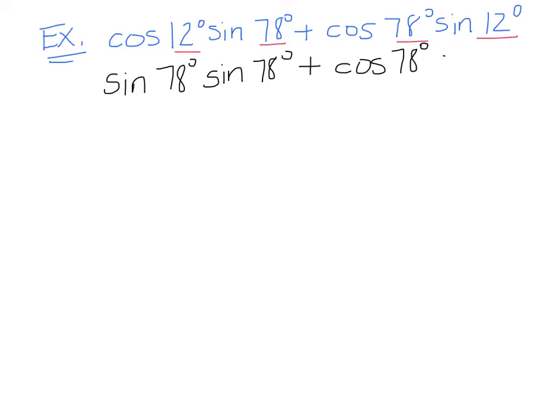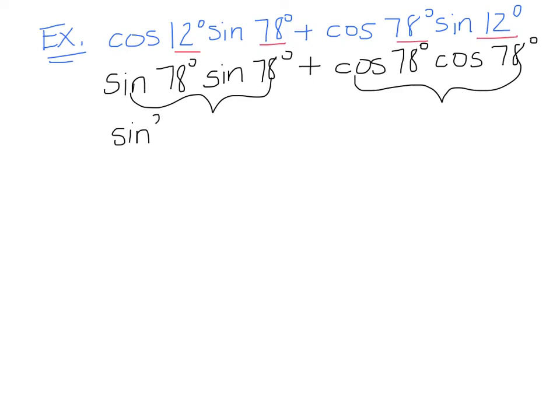And here, I'm going to have to change that to cosine. And now, I can make a Pythagorean identity, because this is now sine squared, because I'm doing sine times sine. And this is cosine squared. And I know that sine squared plus cosine squared of any angle is always equal to 1.